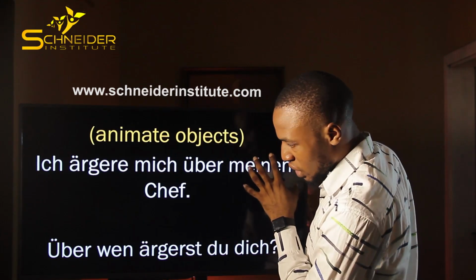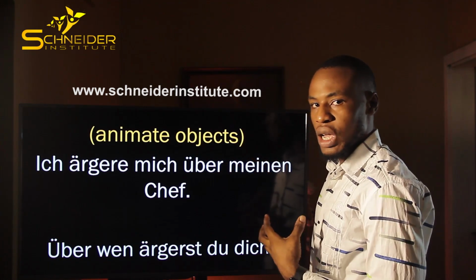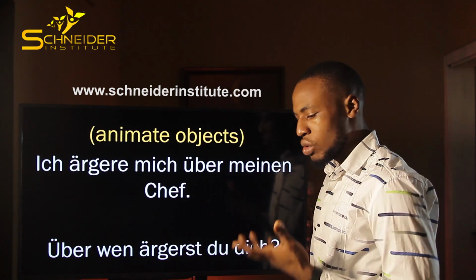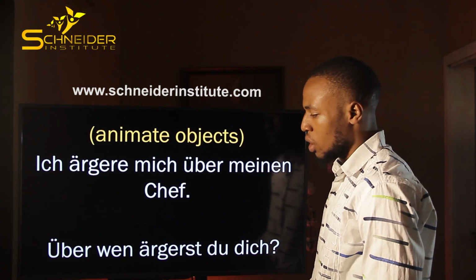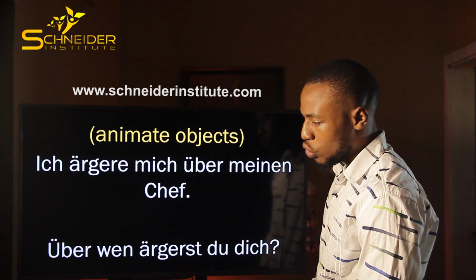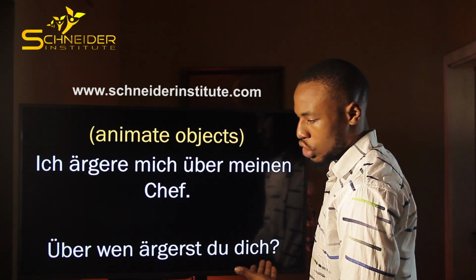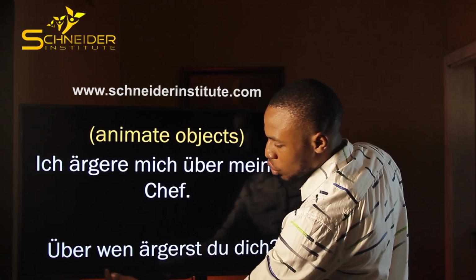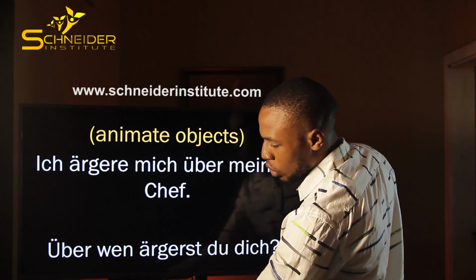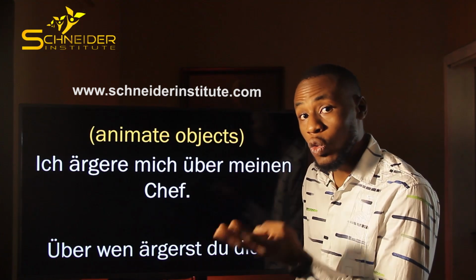Now, this same sentence, I want to ask someone a question. I see one of my colleagues angry, and I want to ask the person, what are you angry about? Or who are you mad at? In this case, I would have to use über wen ärgerst du dich. Look closely. Here, you notice I am using a W word, which is gotten from wer, who.